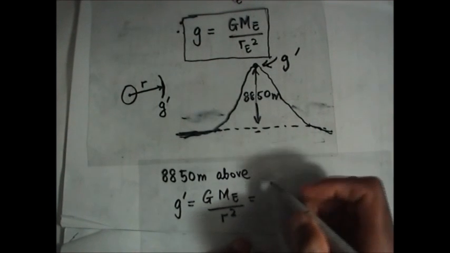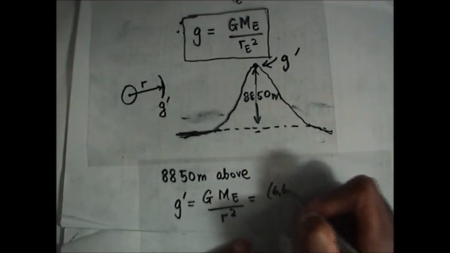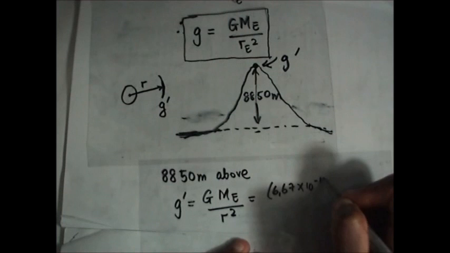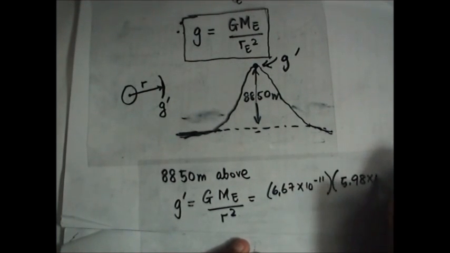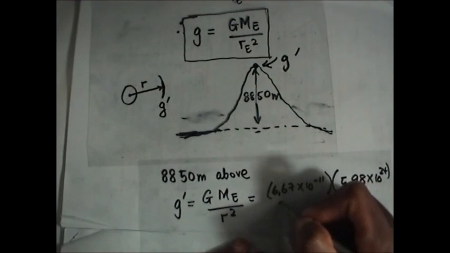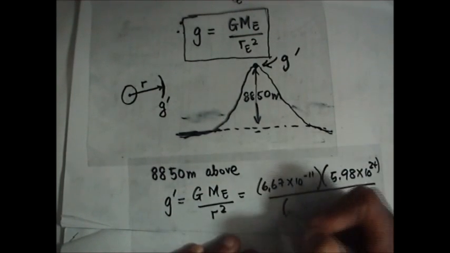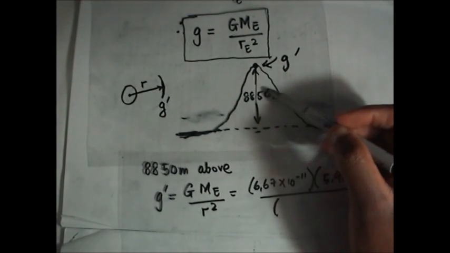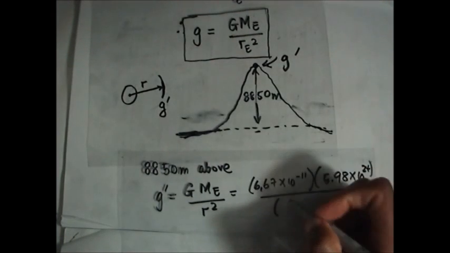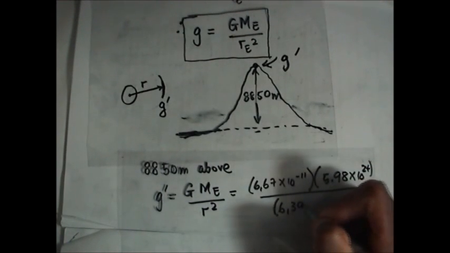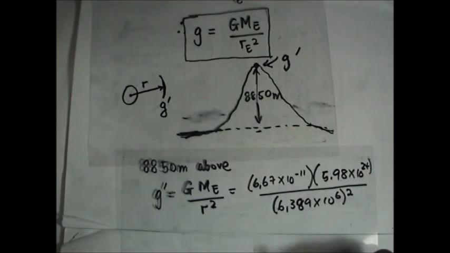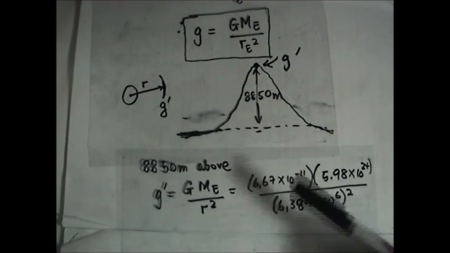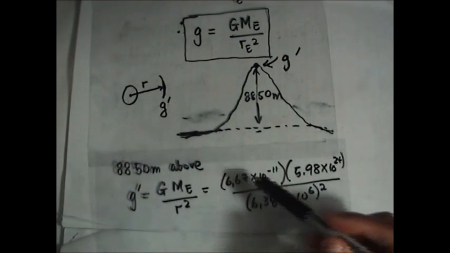So this will be equal to 6.67 times 10 to the power minus 11 for G, times the mass of the Earth, 5.98 times 10 to the power of 24, all divided by, when you add up 8850 plus the radius of the Earth, 6.389 times 10 to the power of 6, squared.